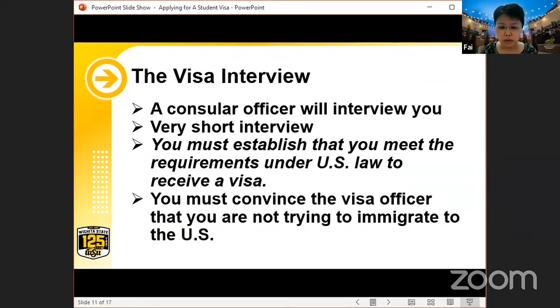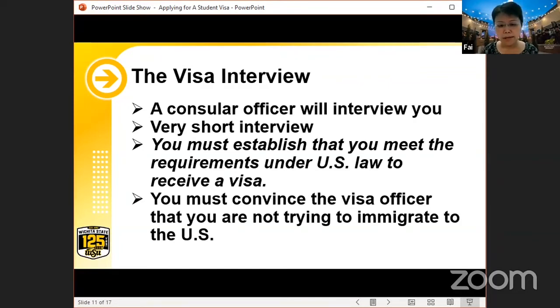So here you need to understand that you are applying for a student visa that is an F1 visa. And the student visa's purpose is for you to go to America to study. That's all. You're not going to go there to work. You're not going to go there and stay or with an immigration intention.